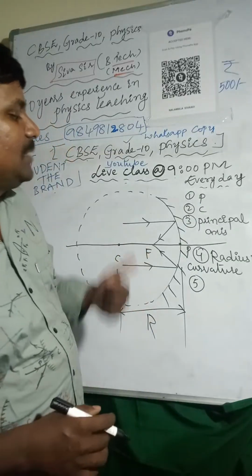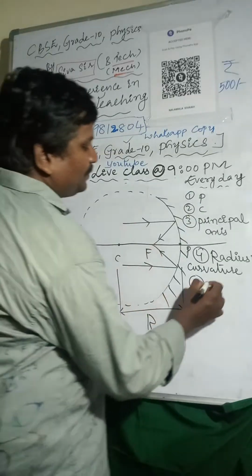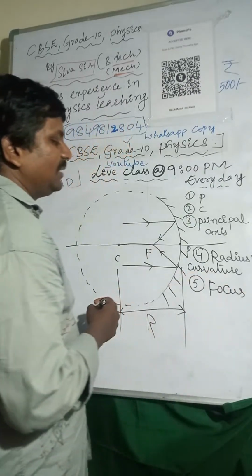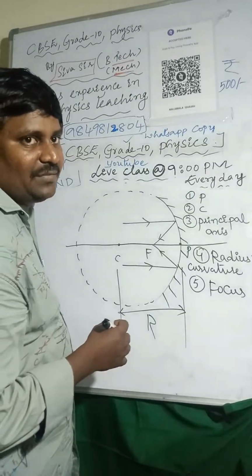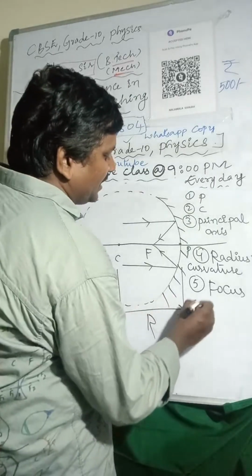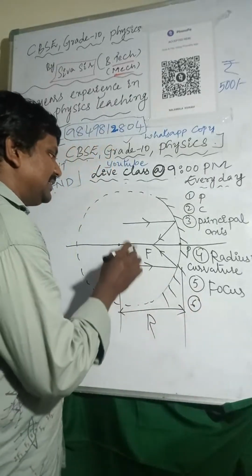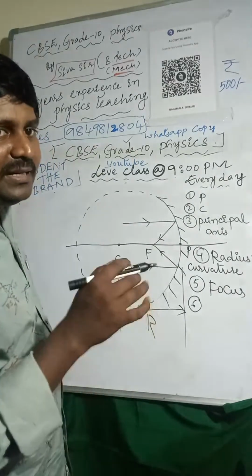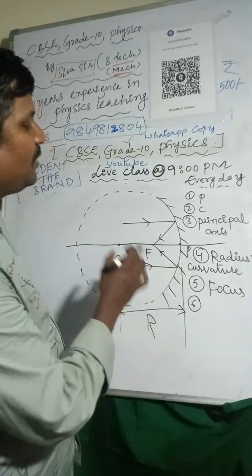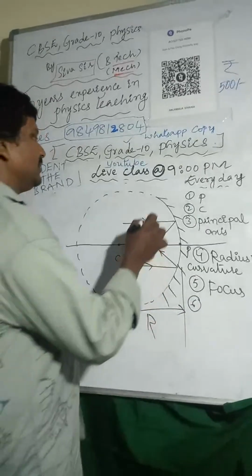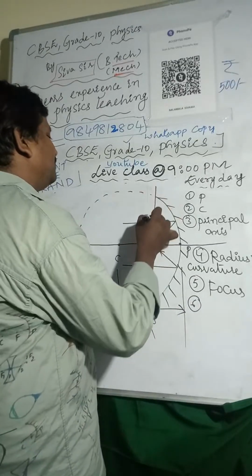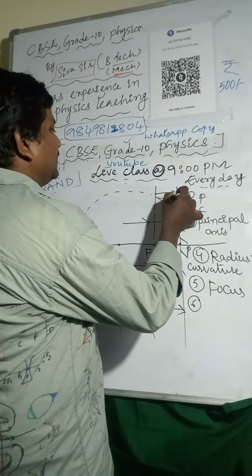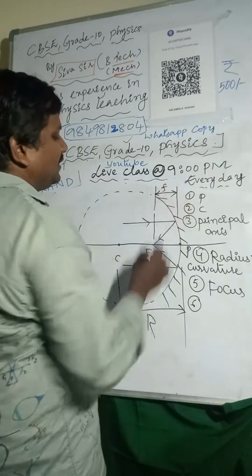In simple terms, we can take focus. The sixth one is the distance between focus and pole. The distance between focus and pole is called focal length.